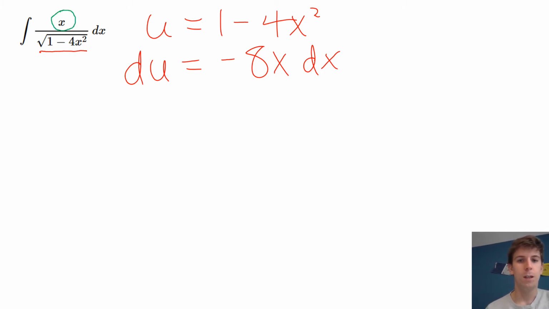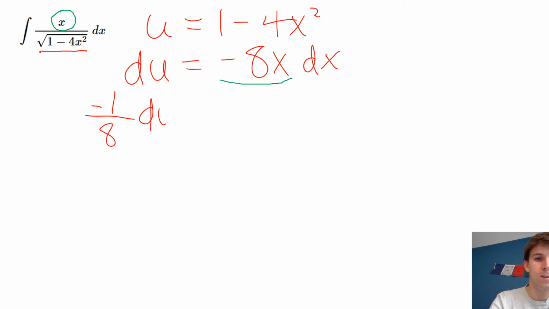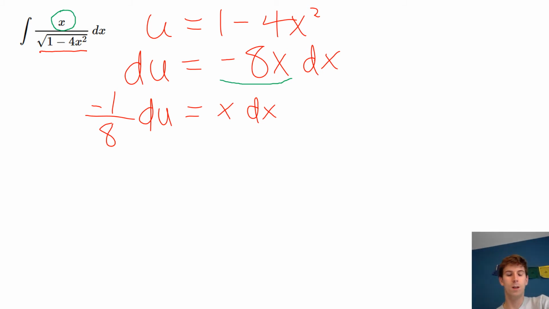Here I have negative 8x, so similar strategy to what I just did. I'm just going to divide. So I'll have negative 1/8 du equals x dx. Great. So now I'm all set to put my integral all in terms of u.